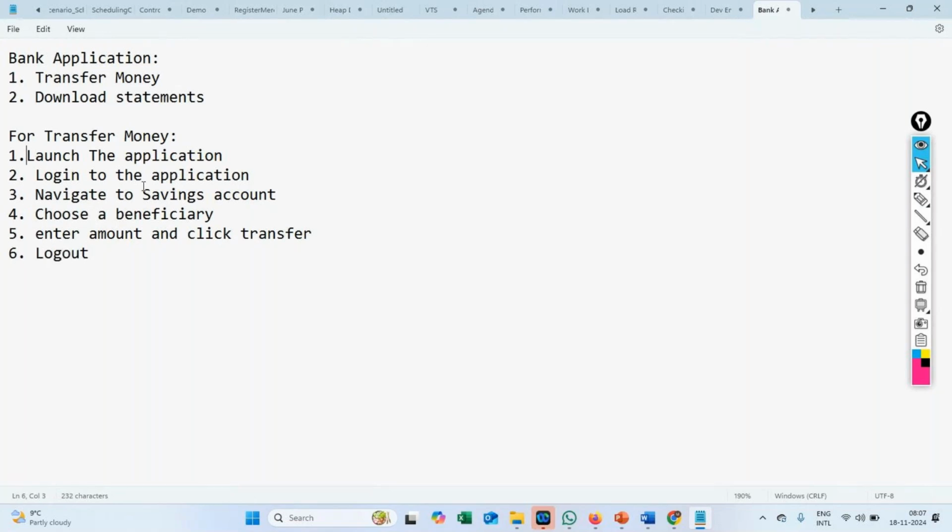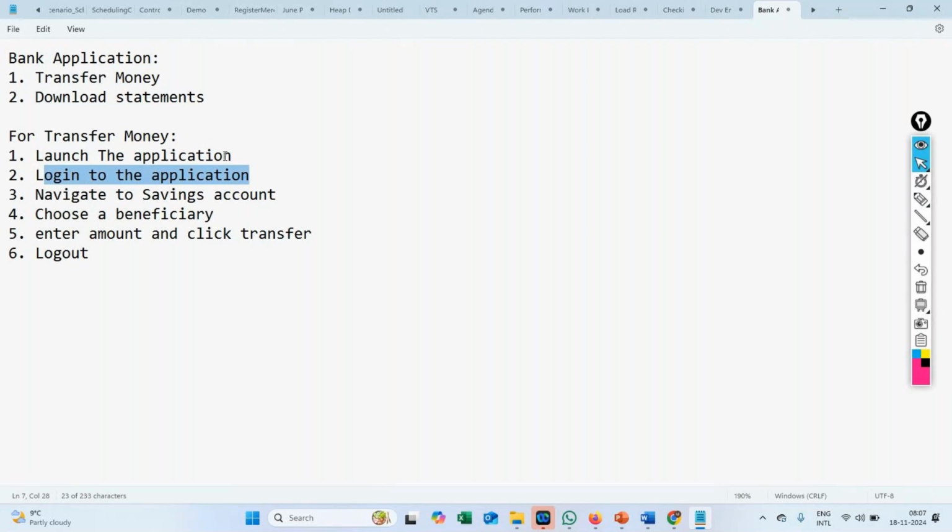Now each of these actions can be called a transaction. In performance testing terminology, the important actions that we perform like these can be called a transaction.